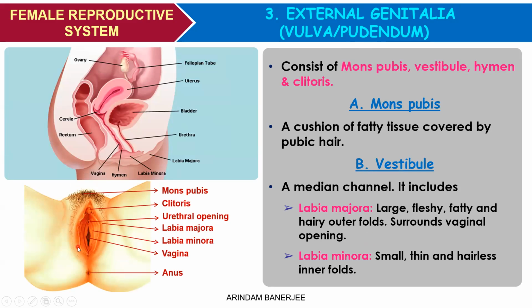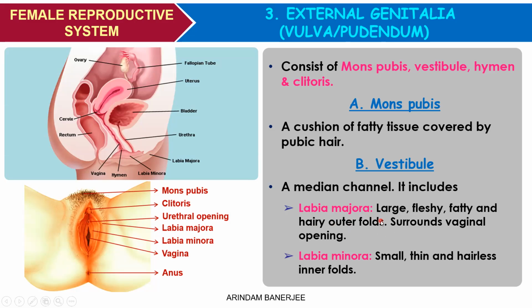Remember, what is labia majora? The larger outer folds, which are fleshy, fatty, and hairy. Those outer folds are known as the labia majora. What is labia minora? The small, hairless, thin layer is called the labia minora. So what is the basic difference between the two?